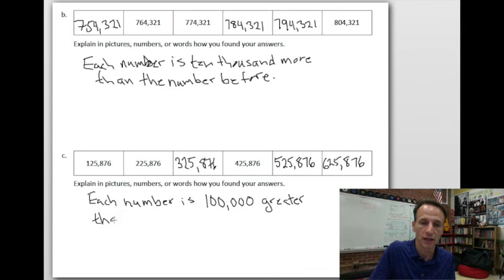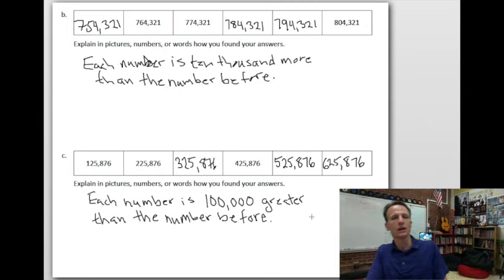It does not rhyme anymore. The number before. Or you could say each increases by 100,000. All right, that's 3, A, B, and C done.